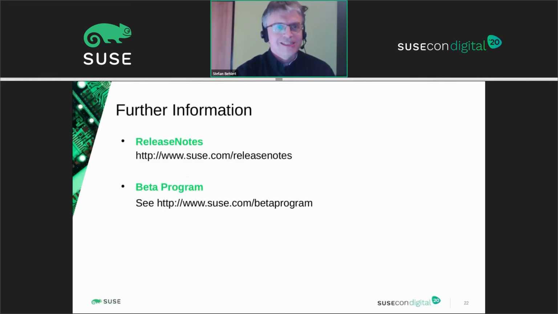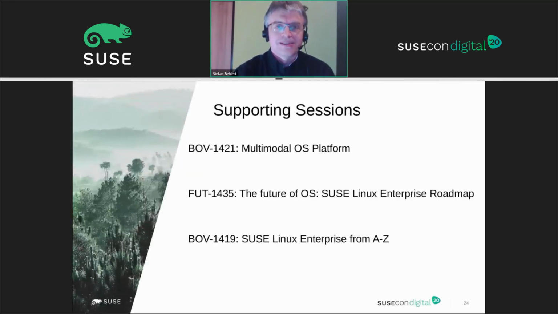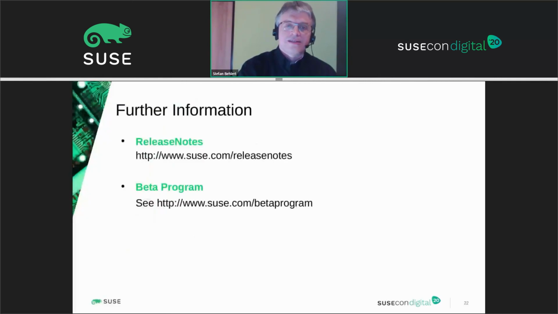And there we are, the release notes. You can find it on our webpage, as well as you can find information about the beta program. The beta program is useful if you want to have timely information, let's say it in that way.